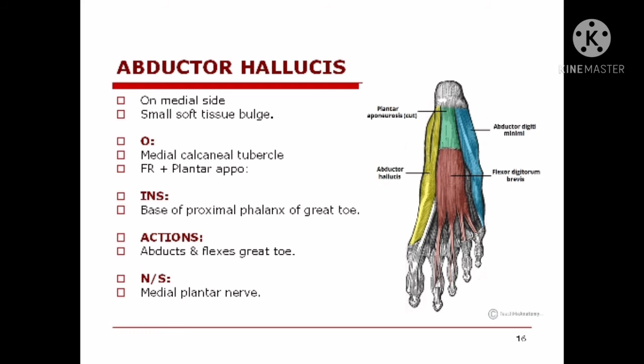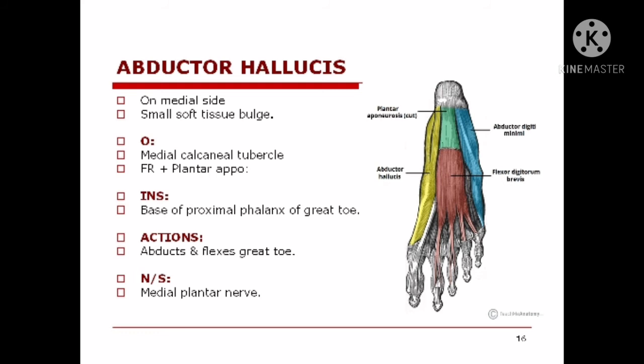Now the muscles one by one. Abductor hallucis muscle. On the medial side it is situated. A small soft tissue bulge you can see on the surface, and it arises from the medial calcaneal tubercle, the flexor retinaculum and the plantar aponeurosis.